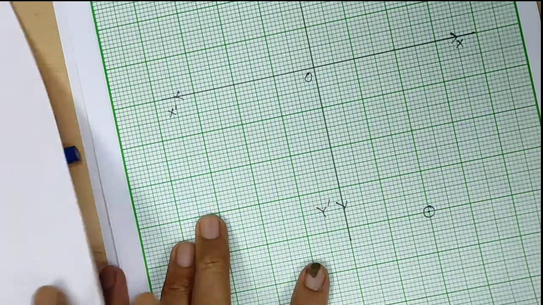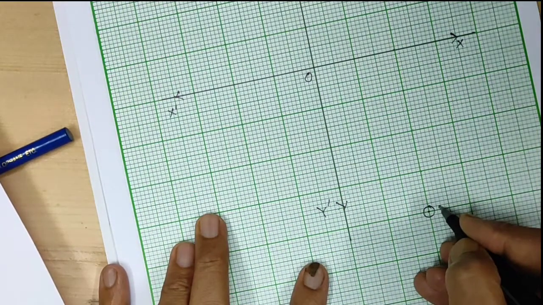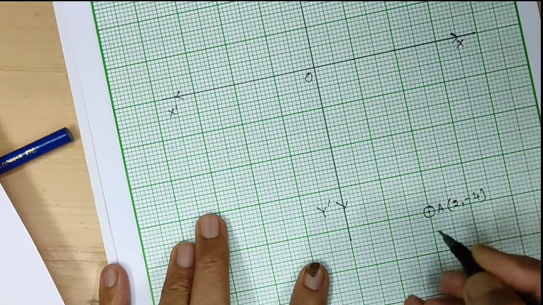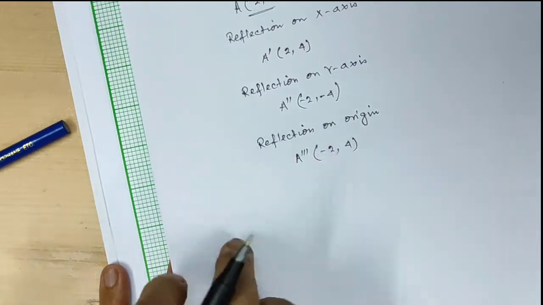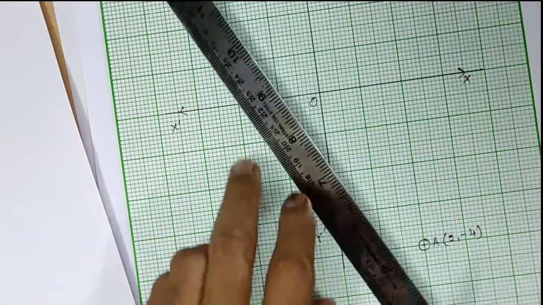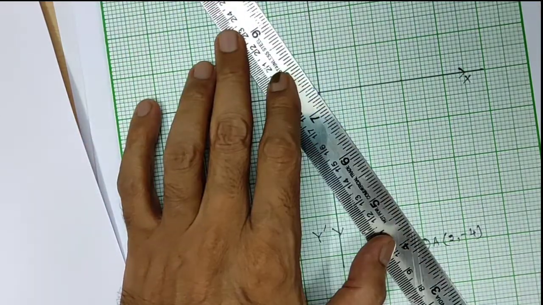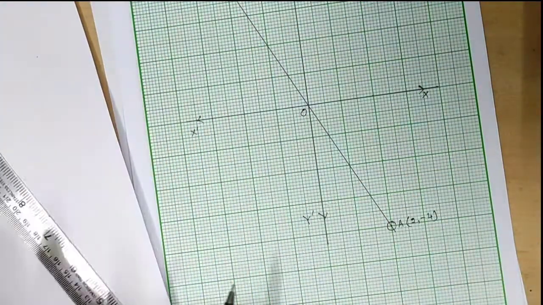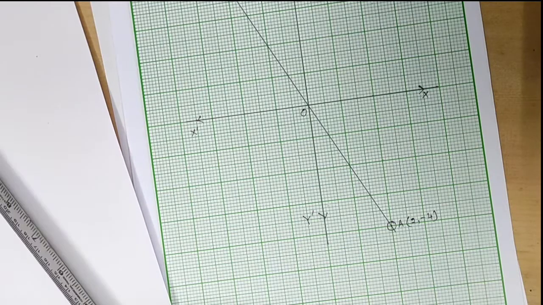I have taken the name as A. So, this is A and we will write here (2, minus 4). Our question was reflection on origin. So, what to do? We will join these 2 points, origin and the point given. This is the joining line. Now, we will measure by compass.